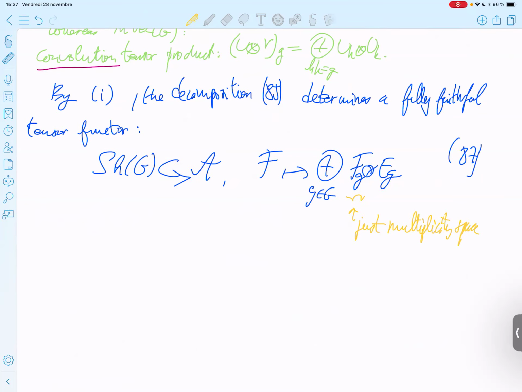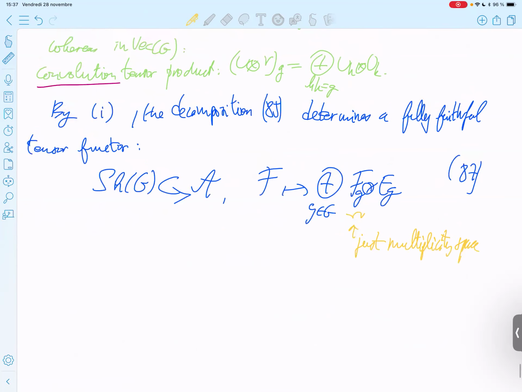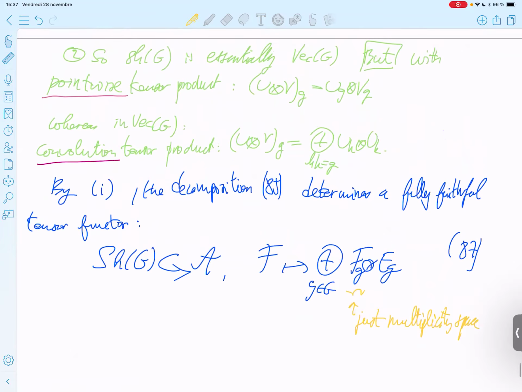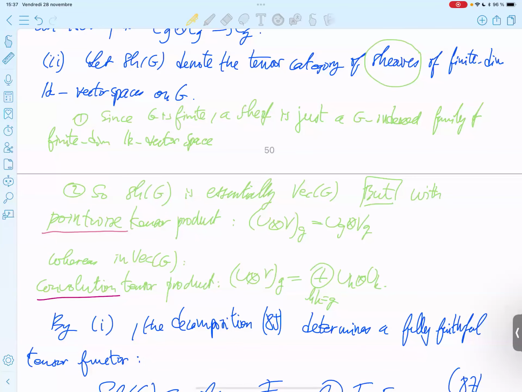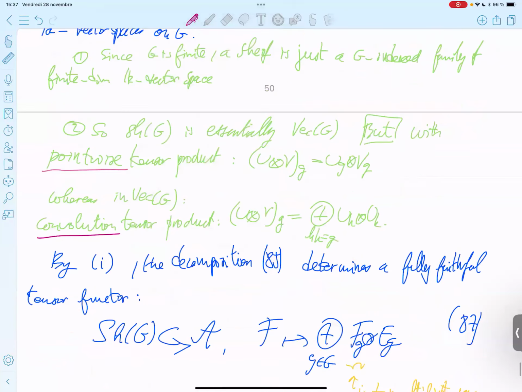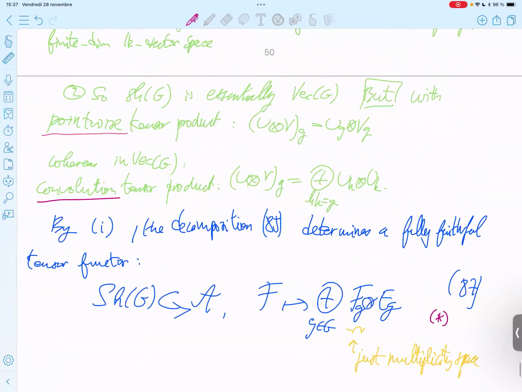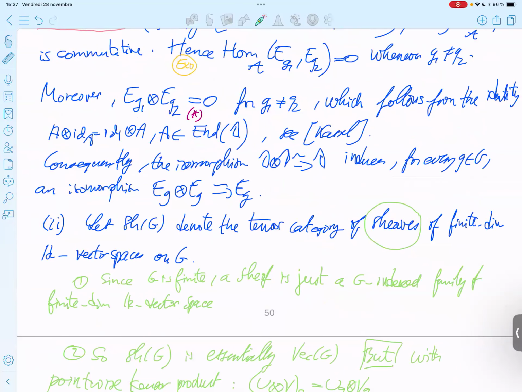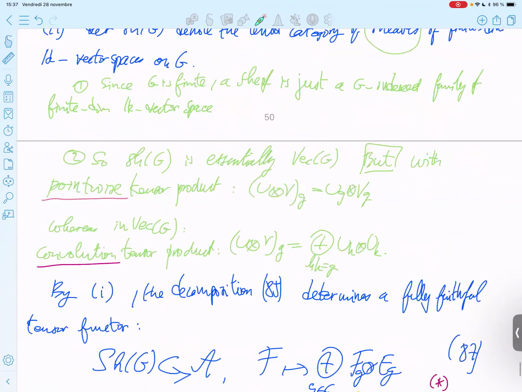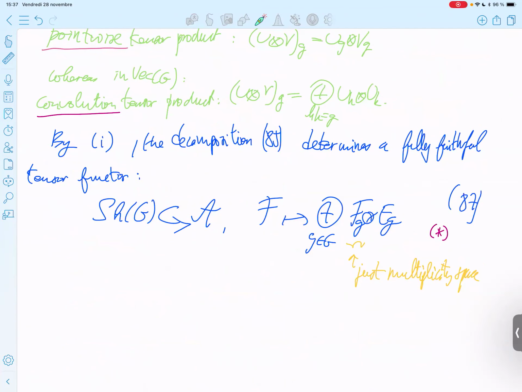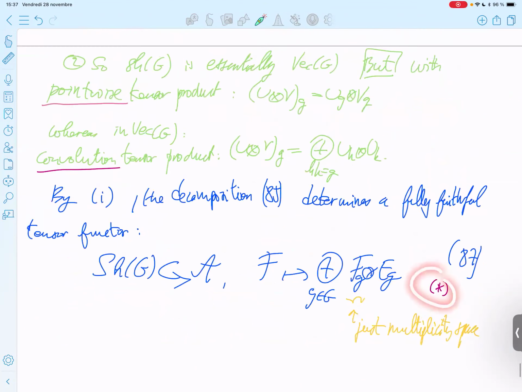Yeah. And you see here, the fact that the tensor product of two different components of the unit is 0 aligns with the fact that we consider pointwise.